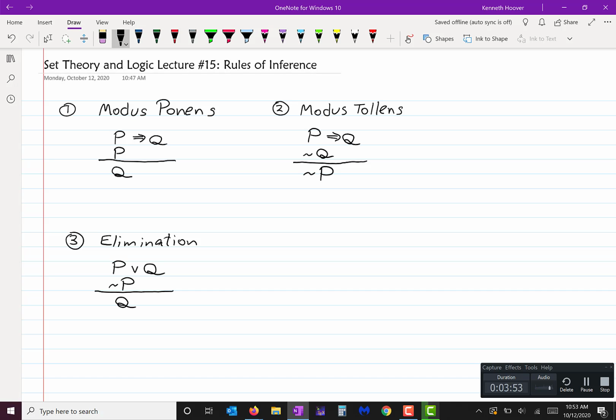By the way, really quickly, I don't think we need to write this down as a separate thing, but this is also called elimination.